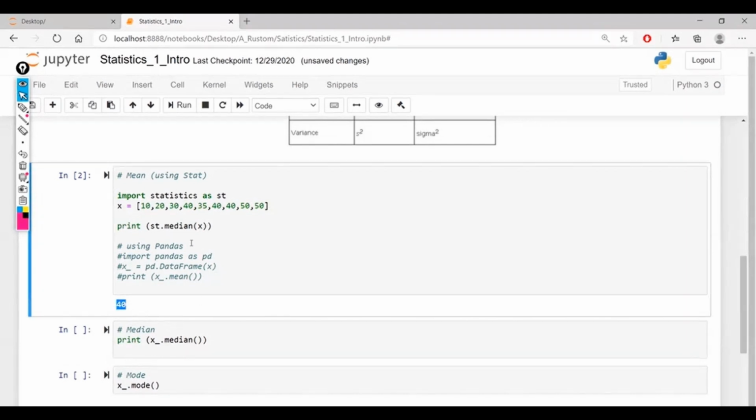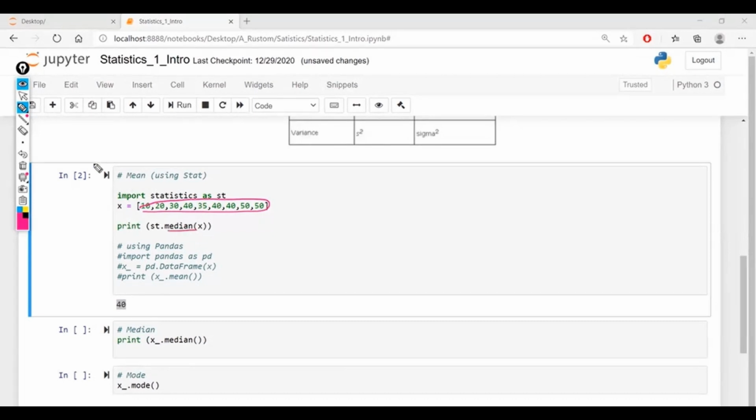Whenever it is going to find the median, one thing to note is that it will sort all this data in ascending order, and the center number is going to be the median. If there are two numbers, it is going to take an average, as I explained. All right. So that is a median.